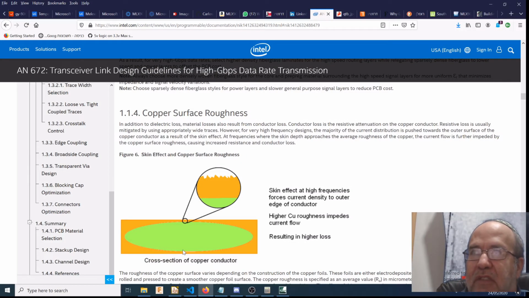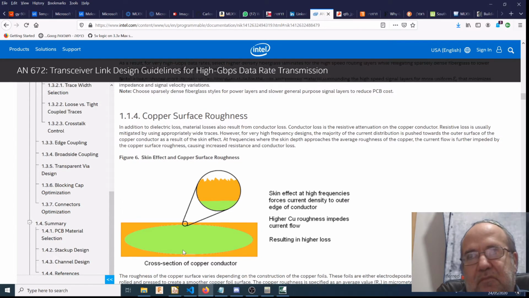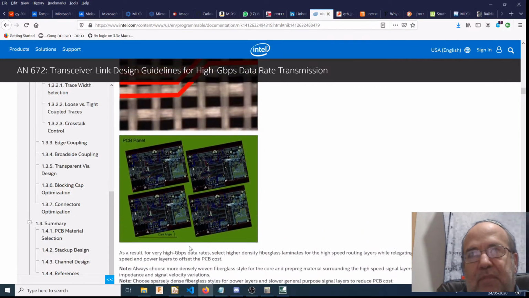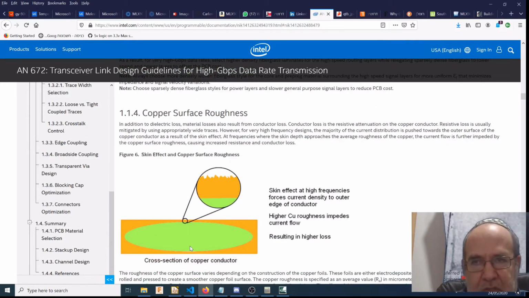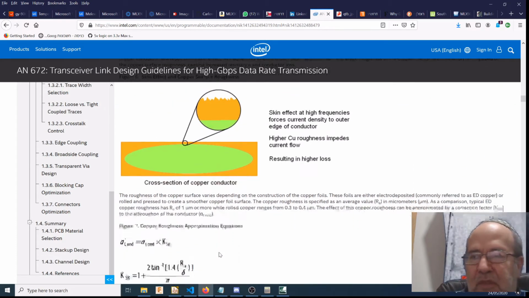Not only is the weave a problem, also the copper surface finish can have an effect. The skin effect, I don't want to go into it.